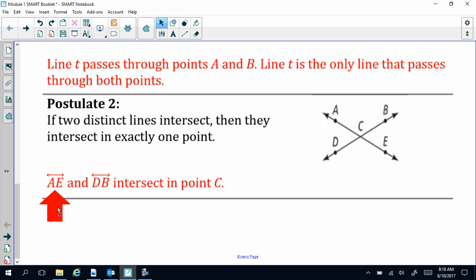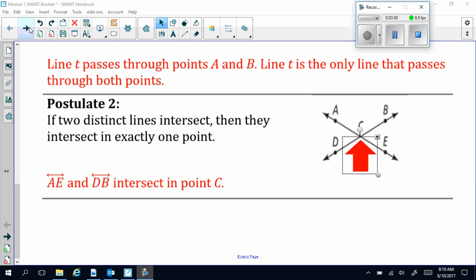So this is line AE, which is this one, and line DB, which is this one, intersect at point C. So if 2 distinct lines, that means 2 different lines, not the same line, do intersect, then they intersect at exactly 1 point. And again, we should be saying, yeah, that makes sense.